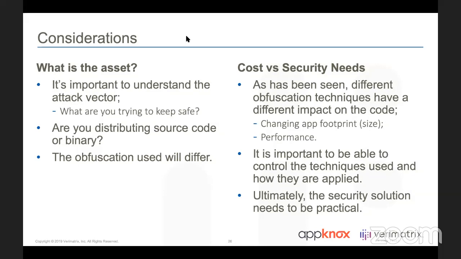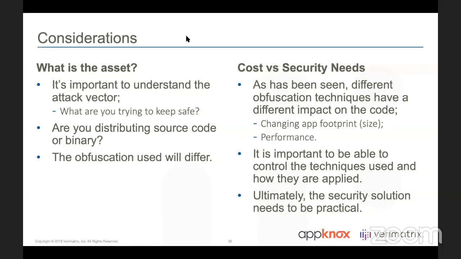You need to understand what the wider business needs are of the software, and not just charge ahead and get the maximum security possible on every single byte of the code, but make sure that's balanced with the wider needs and requirements of the development.